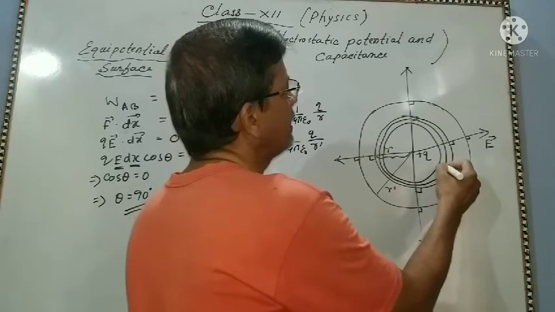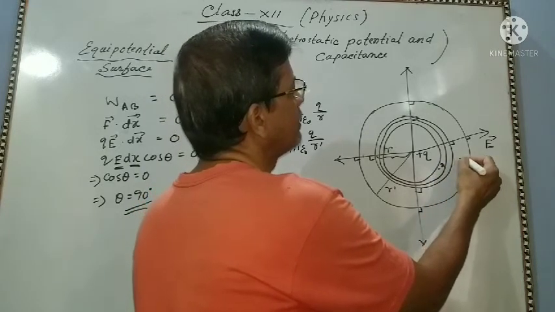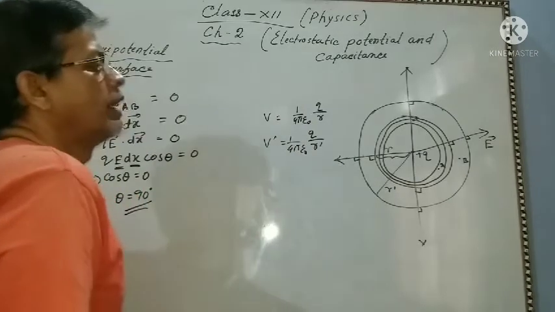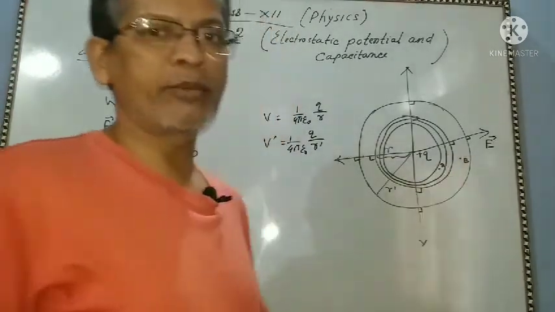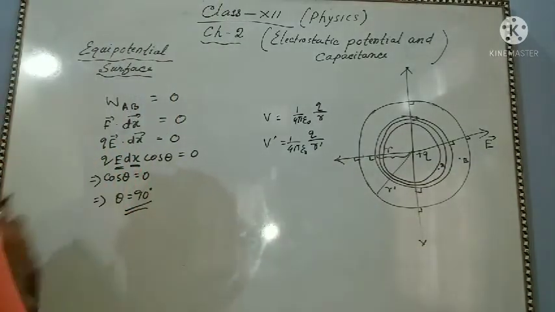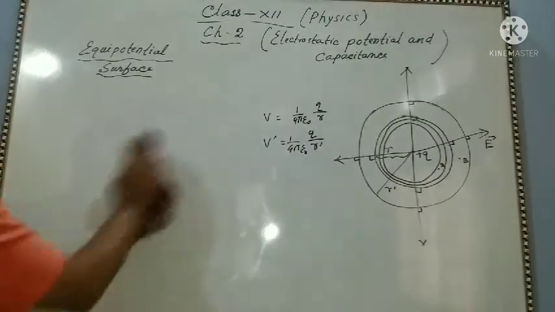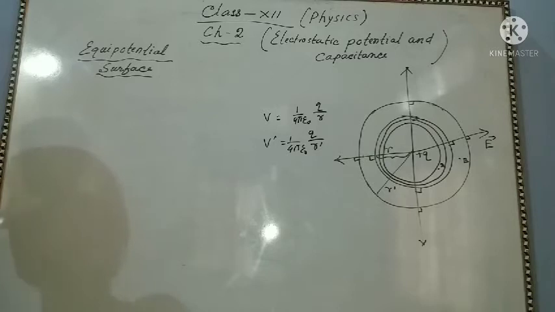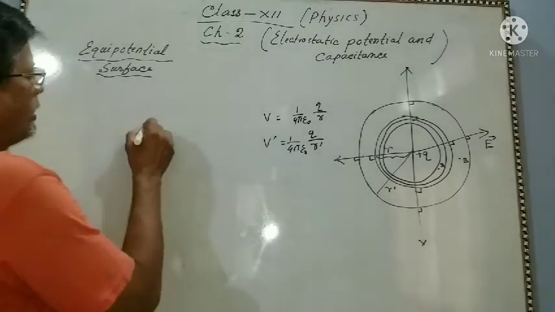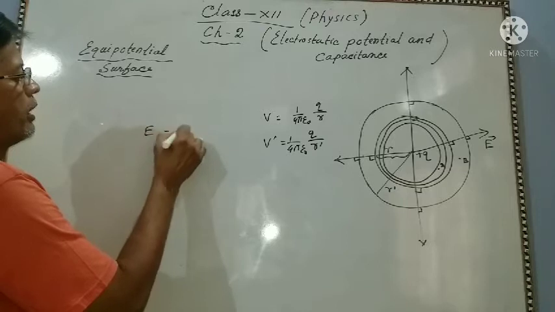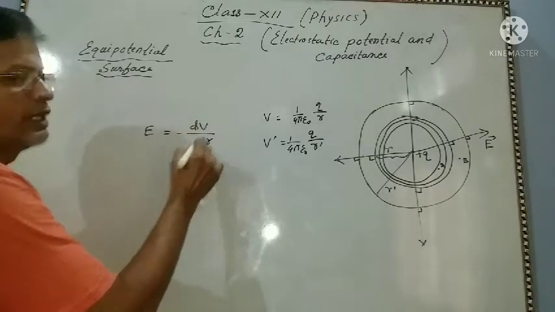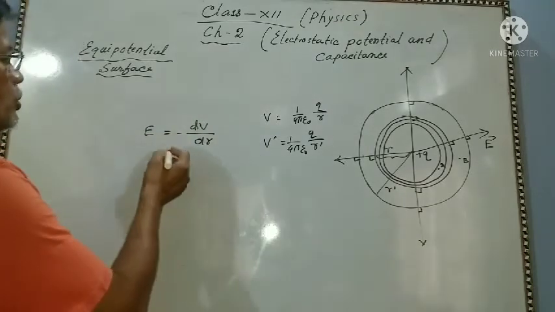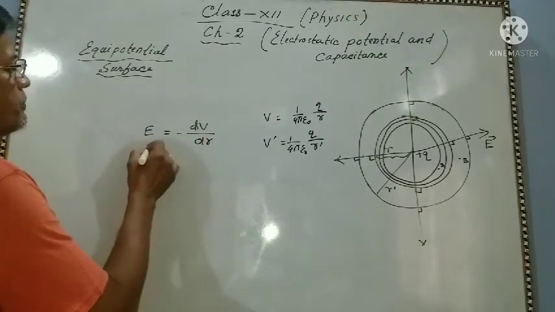Say this is A, and here this is B. Now the question is where the electric field is more, at point A or at point B. For this you use the relation E equal to minus dV by dr or dx, anything.